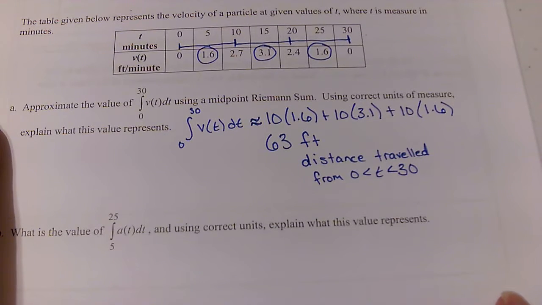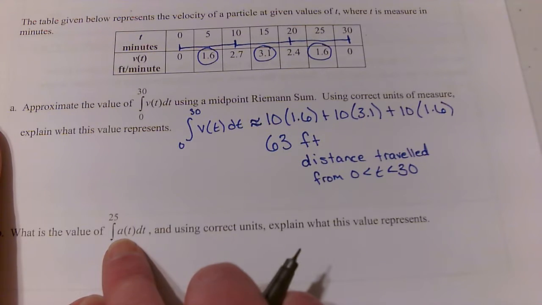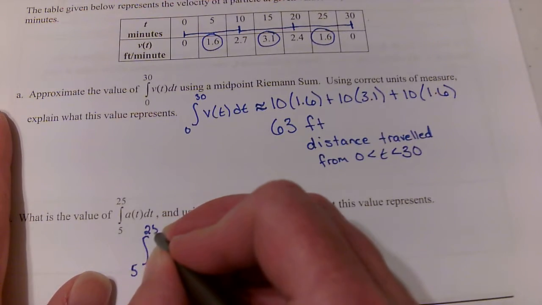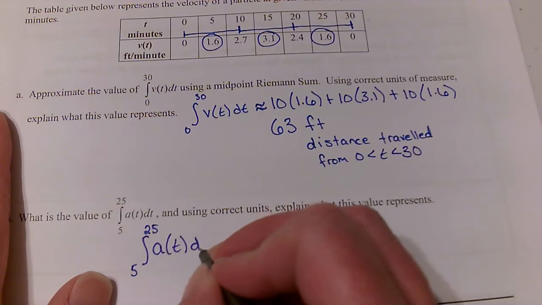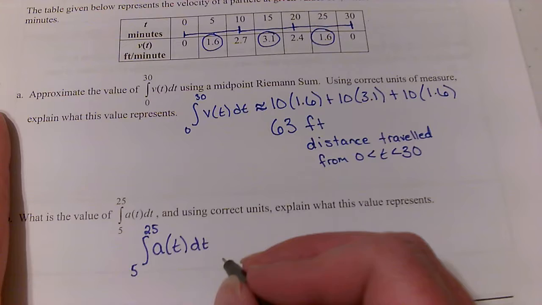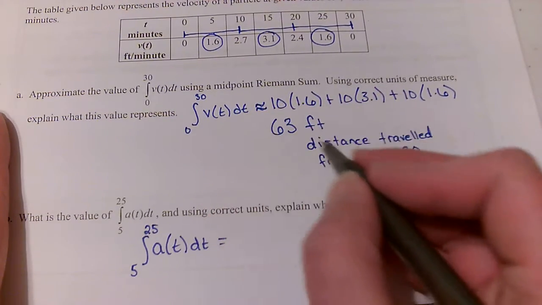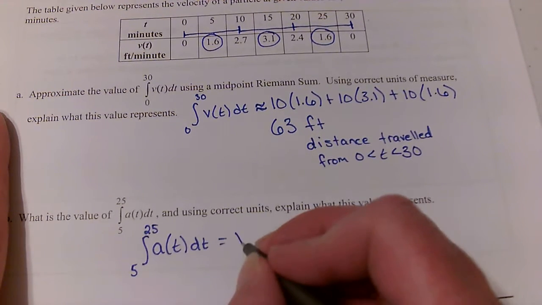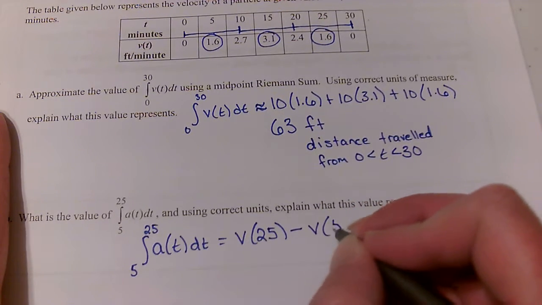What is the value of the integral from 5 to 25 of a of t? Wait, I don't have a of t, but if I take the integral of acceleration, I'm going to be finding the change in velocity. So the integral of velocity finds the change in distance. The integral of acceleration finds the velocity at the end minus the velocity at the beginning.